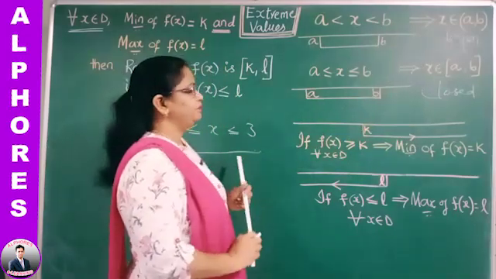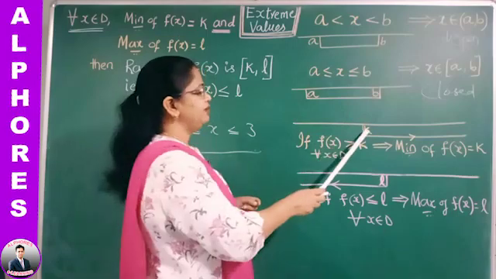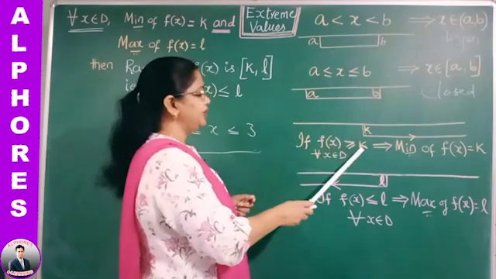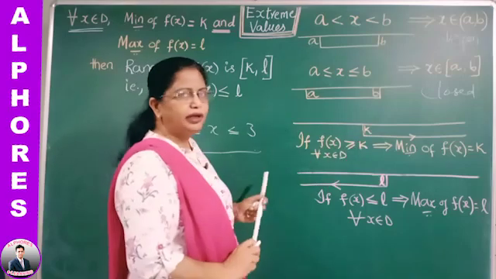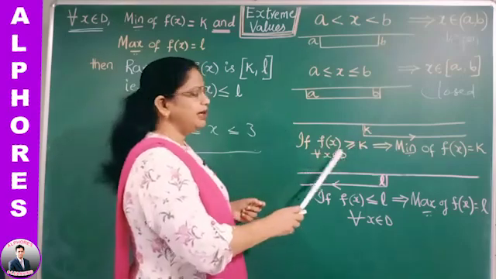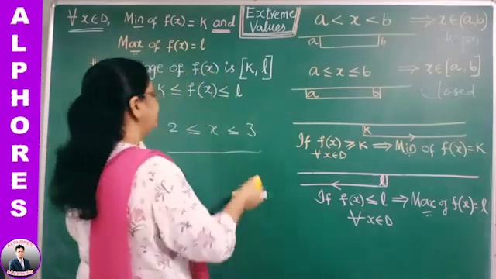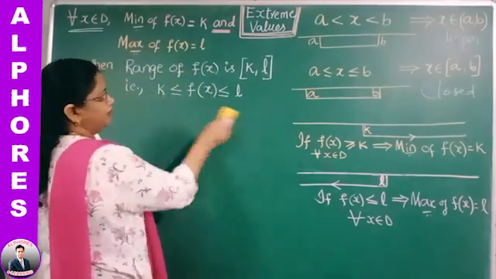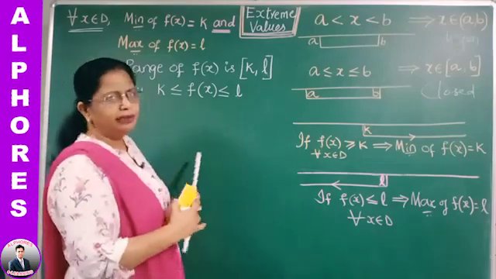And next, suppose a value on the real line is greater than or equal to k, that means f of x is taking values greater than or equal to k for all x belonging to some domain, maybe not the total domain, it may be some particular interval or some values of x, or maybe the total domain also.